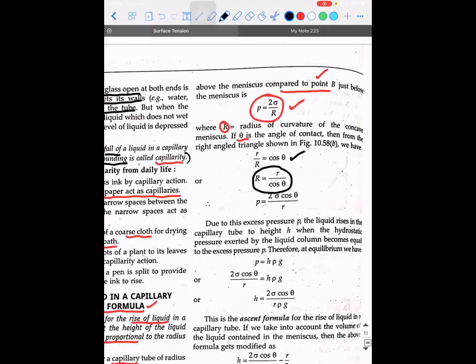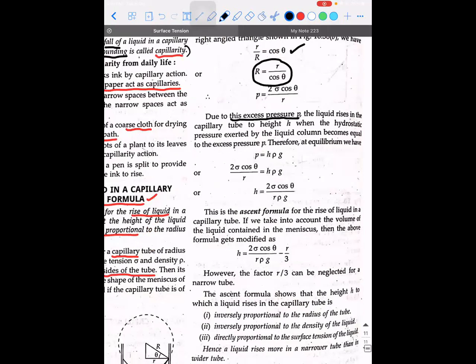Due to this excess pressure P, the liquid rises in the capillary tube to a height h when the hydrostatic pressure exerted by the liquid column becomes equal to the excess pressure. When the hydrostatic pressure becomes equal to the excess pressure, we can attain equilibrium.